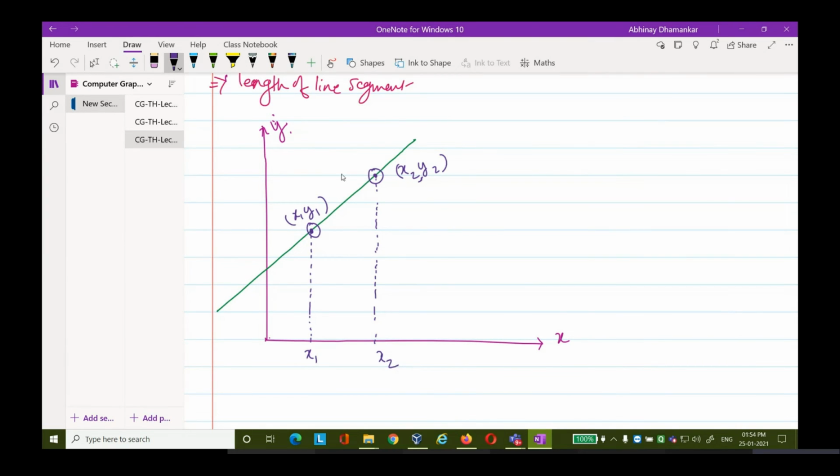In the same way, projection here, projection here. This is y1 and y2, right? And if I join this one.